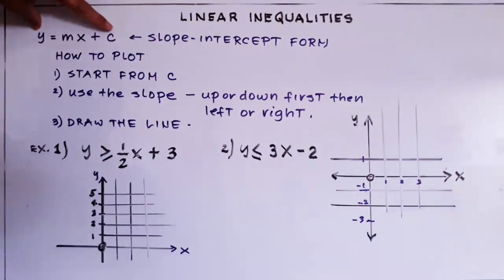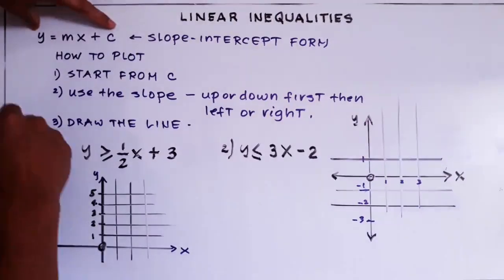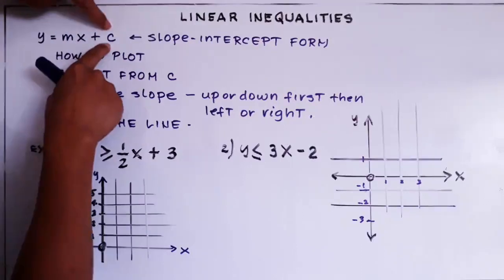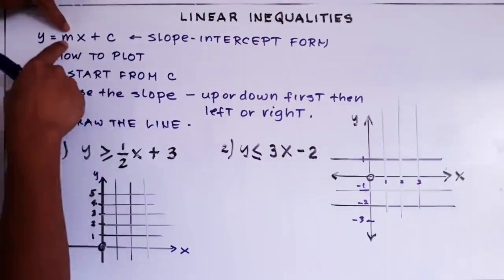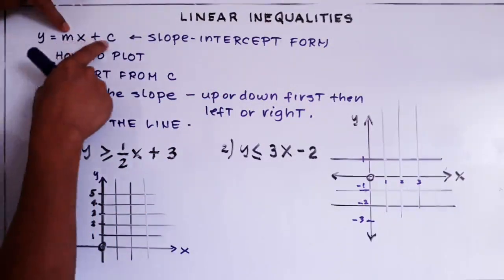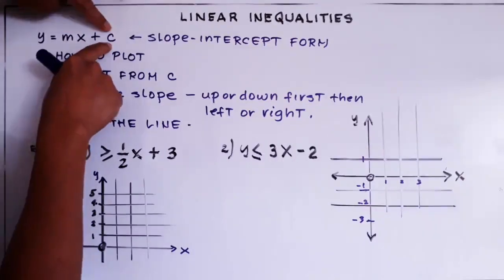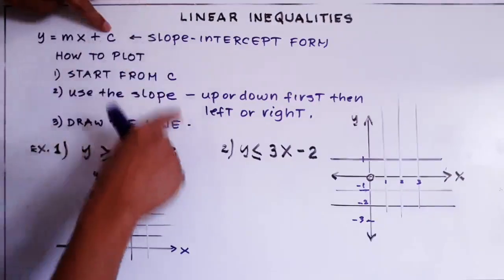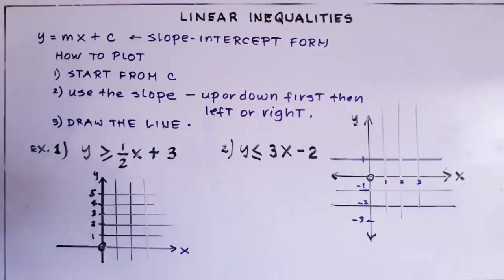So how do we plot this one? This one is called the slope-intercept form, meaning this one is the slope of your line and the C is the y-intercept, or the intersection of our line on the y-axis. So how do you plot when we have an equation?